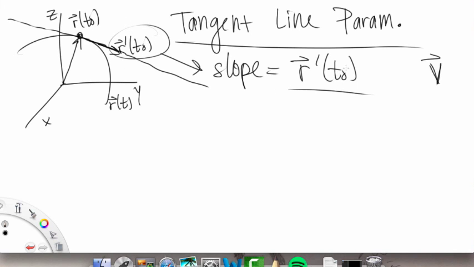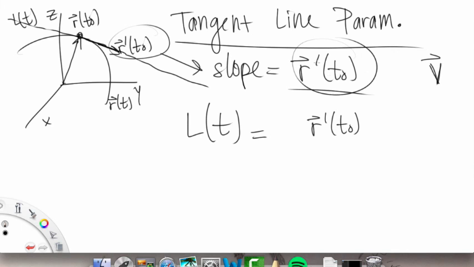I'll name it something a little different: L of t is the name of our line. This is going to be r prime of t naught, and it'll consist of all scalar multiples of that direction vector, so we have to have a t in front as our variable. But this line, as you see, does not go through the origin, right?